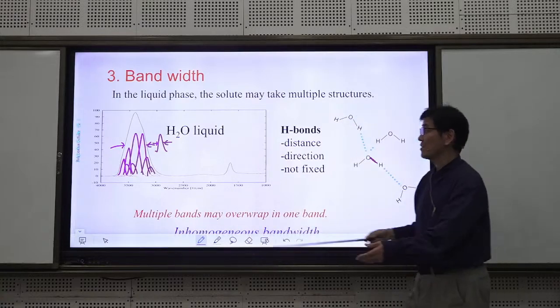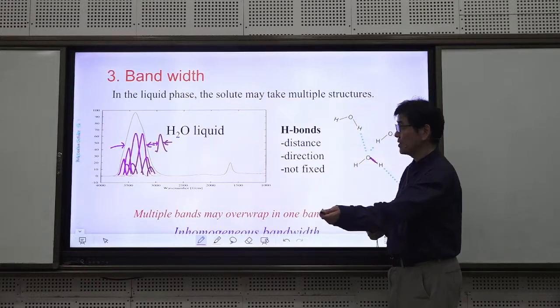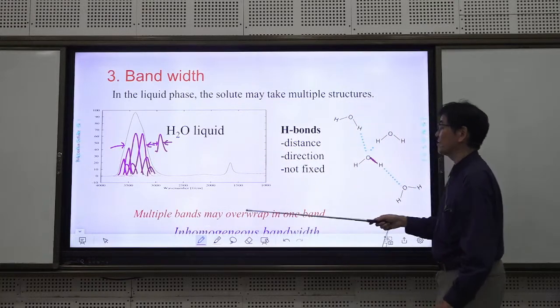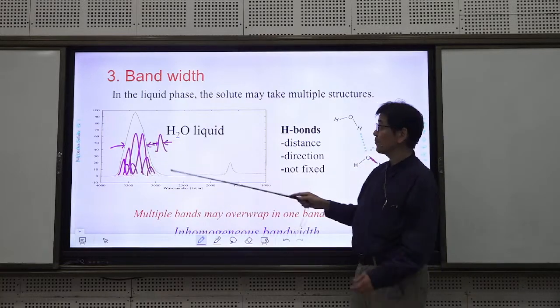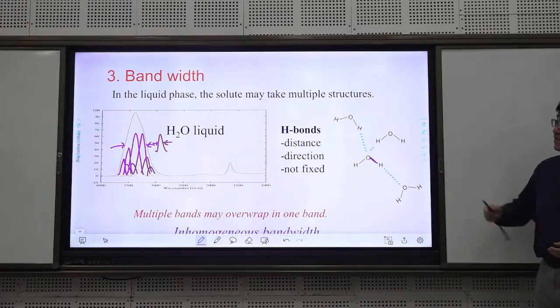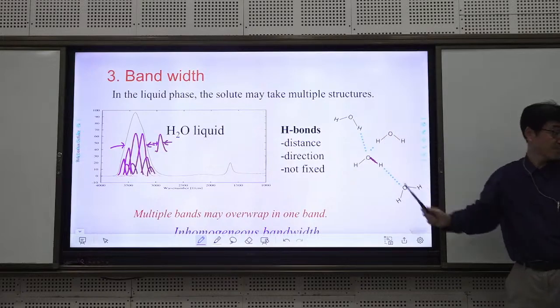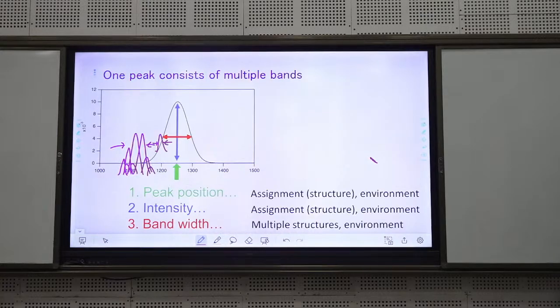So if you find such a broad peak, please consider the possibility that it consists of multiple peaks. So when you measure IR and Raman spectrum, please focus on the bandwidth. Okay, this is a summary.